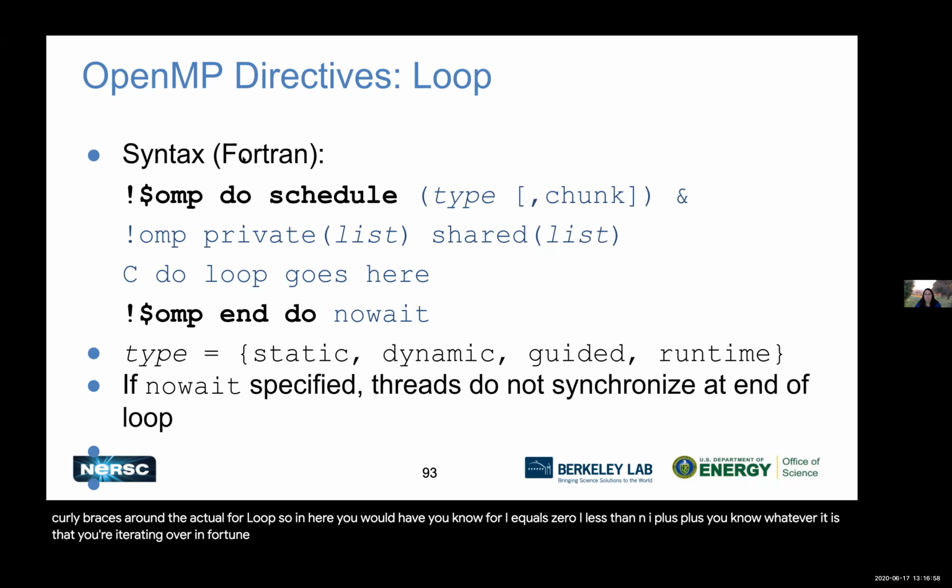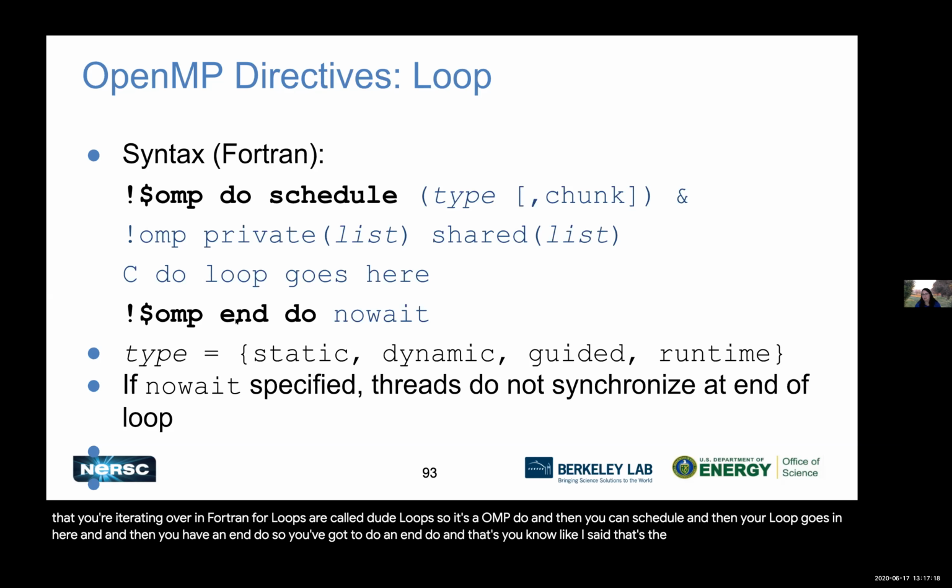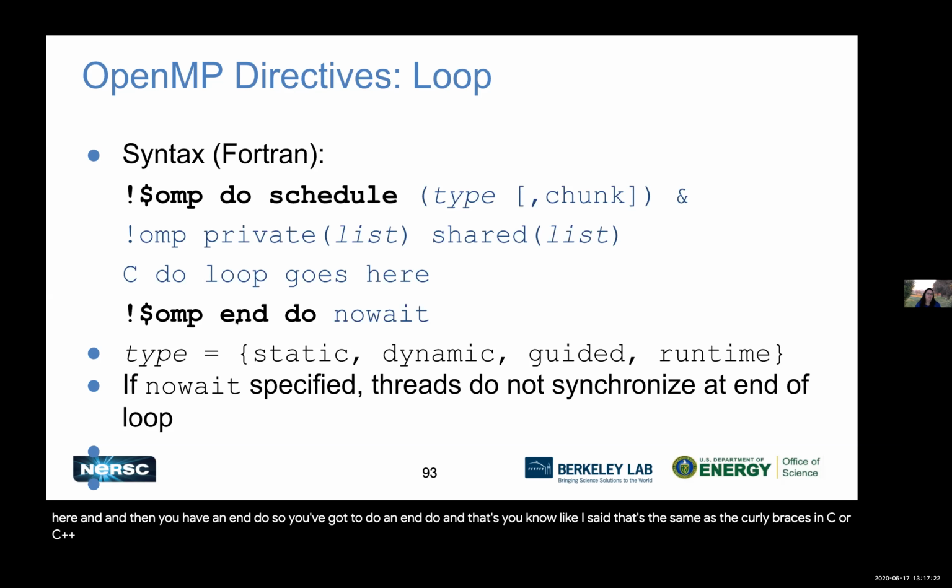In Fortran, for loops are called do loops. So it's OMP do, and then you can schedule, and then your loop goes in here, and then you have an end do. So you've got a do and an end do, and that's, like I said, the same as the curly braces in C or C++.